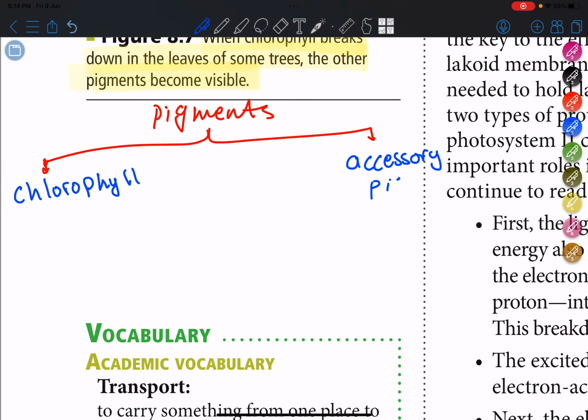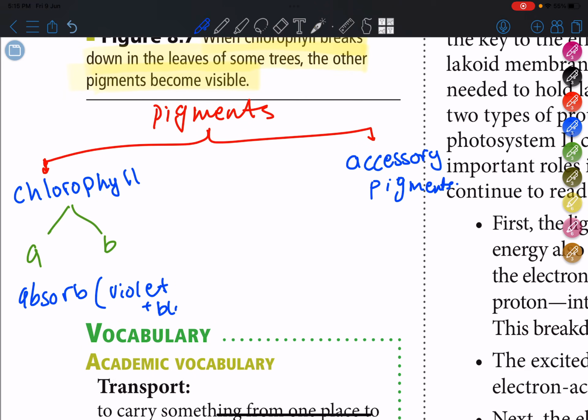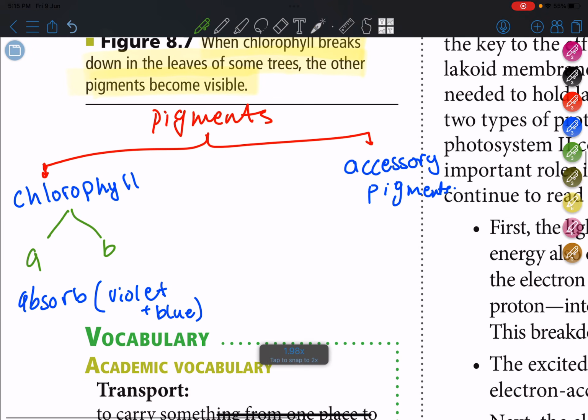Now, what did we discuss in each? In chlorophyll, we discussed the two types, which are chlorophyll A and B. And we said that it absorbs violet and blue while reflecting green. Okay?